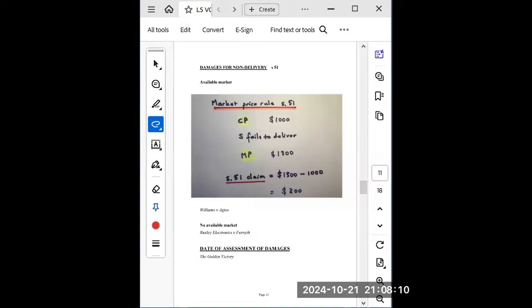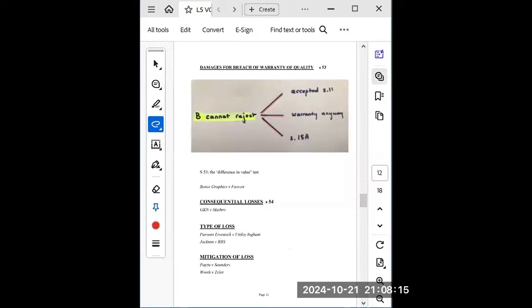Okay, now, Section 51, we've just looked at. Section 51 applies where the buyer rejects the goods. The buyer gets his money back plus Section 51 damages for non-delivery. Now, if the buyer does not reject or he is not entitled to reject, the buyer's claim is for damages for breach of warranty of quality.